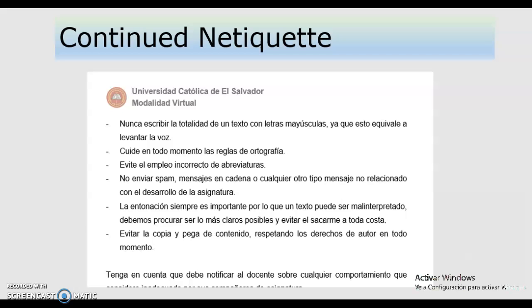And try to avoid sending spam messages, all of those messages in chain that people send. I mean, we don't need that. Yes, the way we write tells a lot about our feelings. So let us be careful in how we word our thoughts.